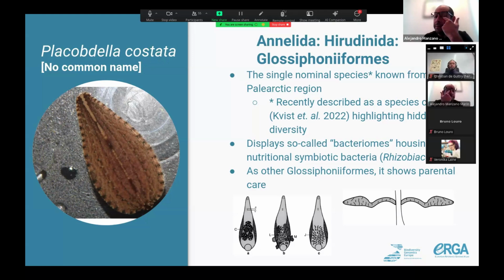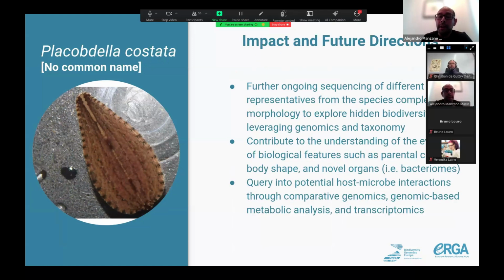This is something that we're also going to try to look at between blood and non-blood feeding species. What is the impact and what are the future directions of this? Currently, through the start of sequencing from this species, we built a nice large network where we're going to do further sequencing of the different species within the species complex, to also analyze genomically the diversity that we have of this species here in the Palearctic region.